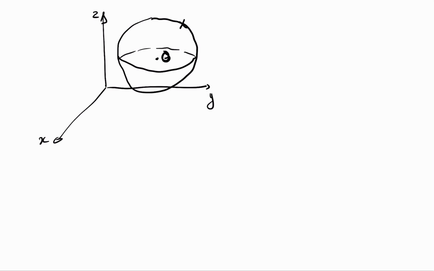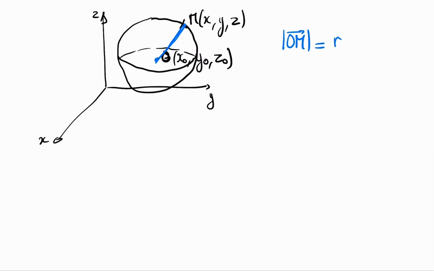And there is a point here, which I'm going to call M, with coordinates x, y, z. And O has coordinates xO, yO, zO. How is the sphere defined? Well, the sphere is defined by this distance here being constant, OM. So what we can say is that the magnitude of OM is equal to R, which is the radius of the sphere.